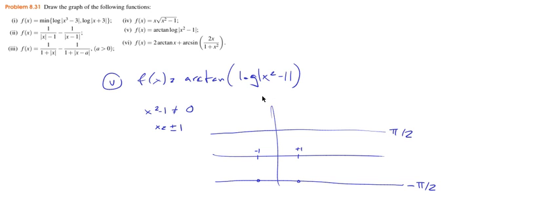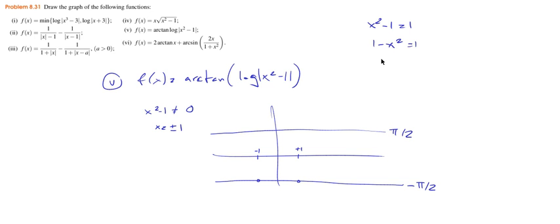Now what happens at 0, for instance? Well, the only root here of the logarithm is at 0, right? The only thing that makes this 1 is 0. And so, no, sorry, this is not the only root. You have the absolute value of x squared minus 1 equals 1, or 1 minus x squared equals 1.